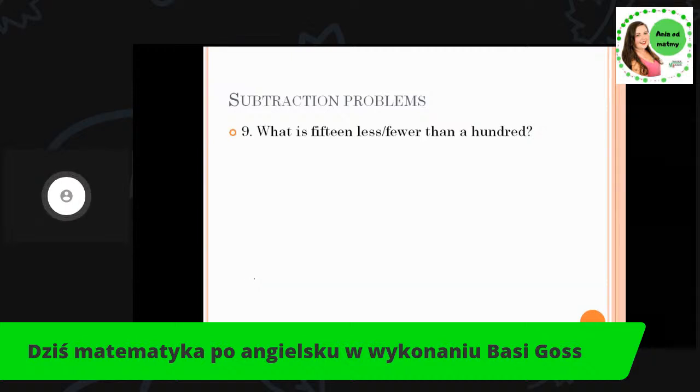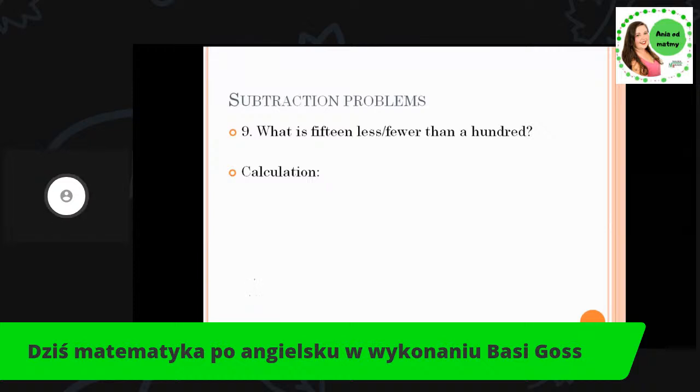So this calculation for this problem. Now we're thinking about it, but let's see what numbers we have here. In this question, we have numbers written using words, not digits.